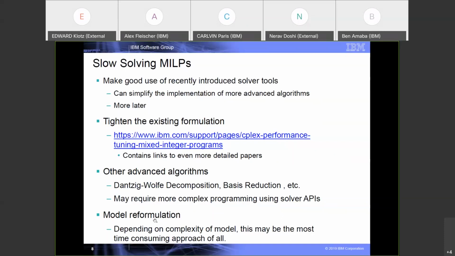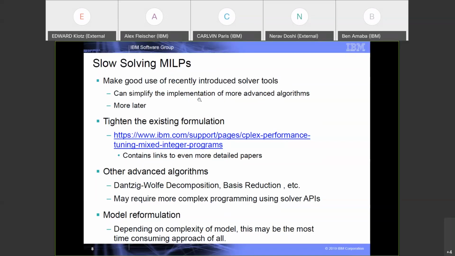And then lastly, model formulation, or model reformulation, where you change the model into something equivalent that solves better. That was something Alex pointed out about Opal, that it's well suited for making changes to the model formulation.